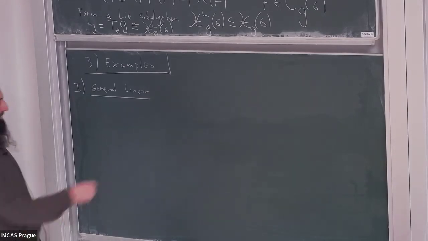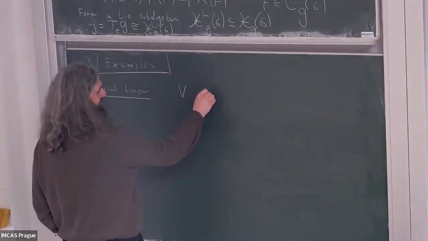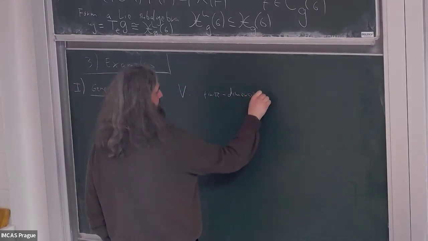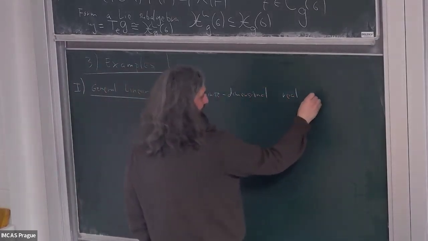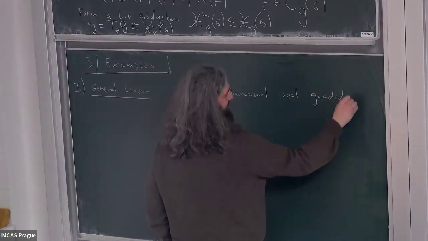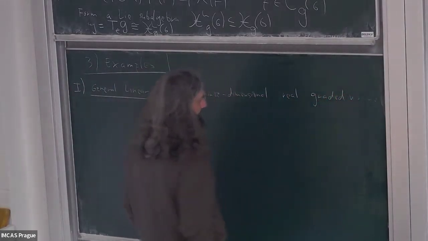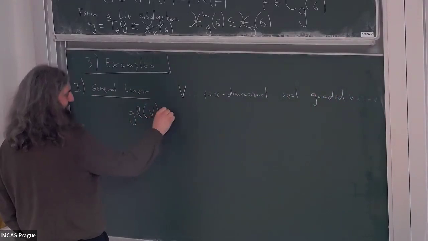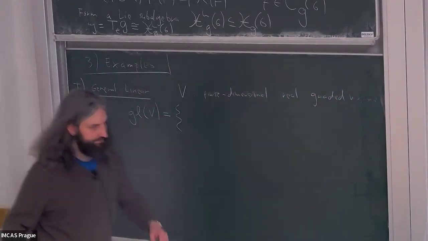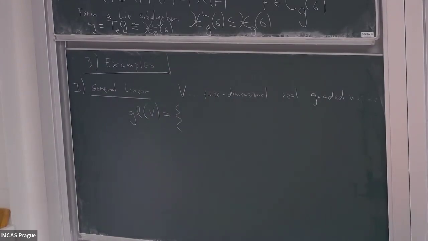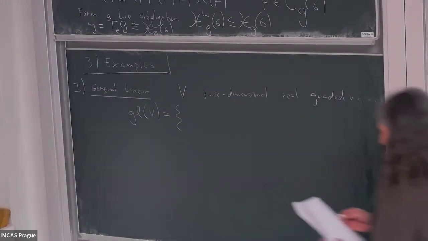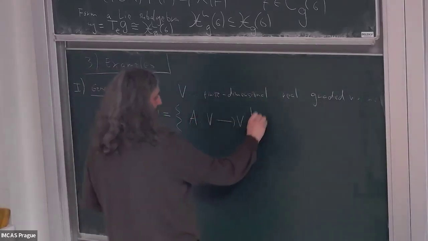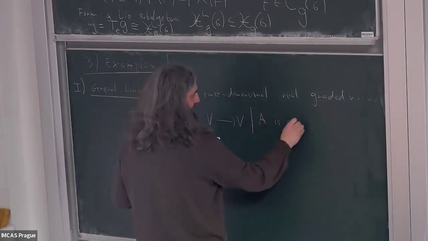the graded space of all graded linear maps. So you take a finite dimensional real graded vector space, an arbitrary one. And then you can take something which we know as GL(V), but it's a space of, it's just a space of graded linear maps A, A is graded linear.